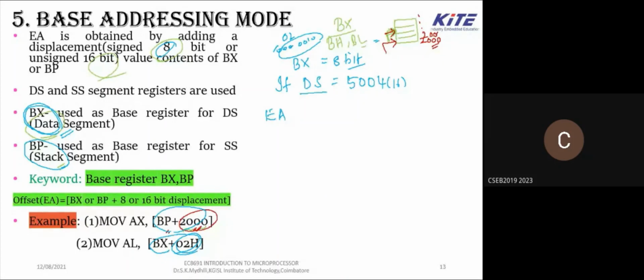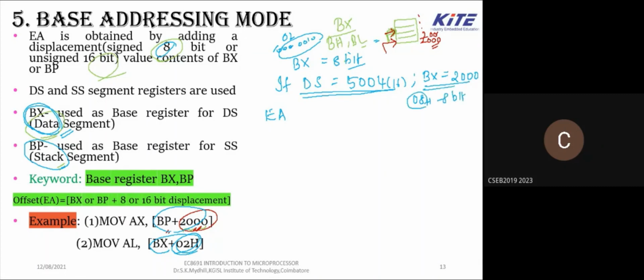We are taking BX as some value, 2000, and 02H is nothing but 8-bit data.